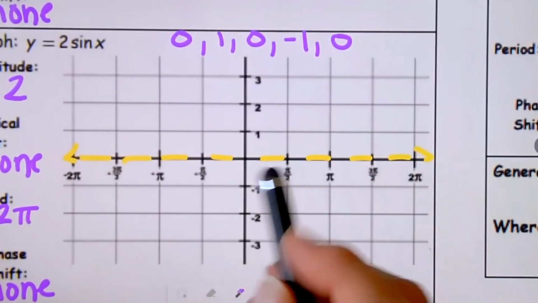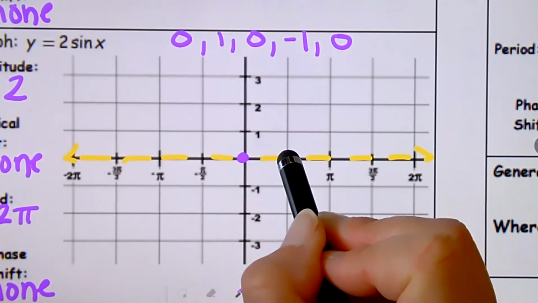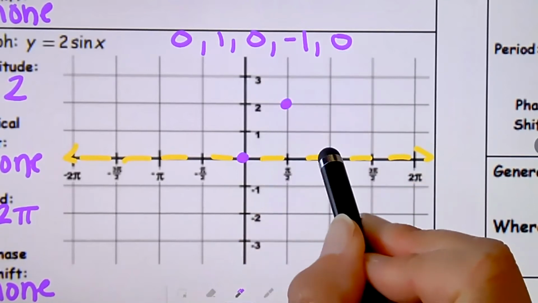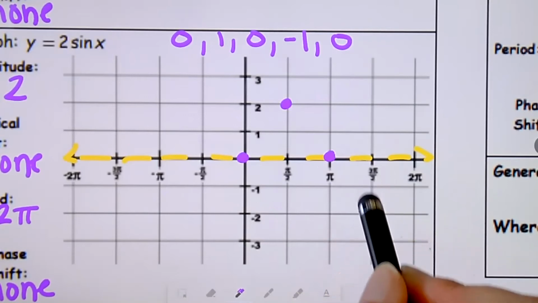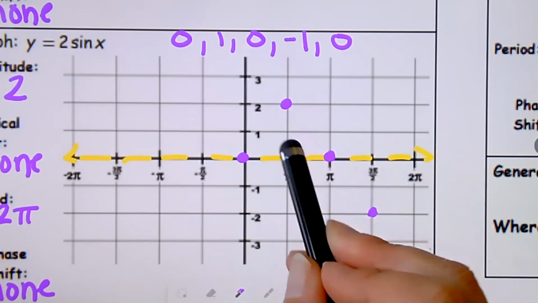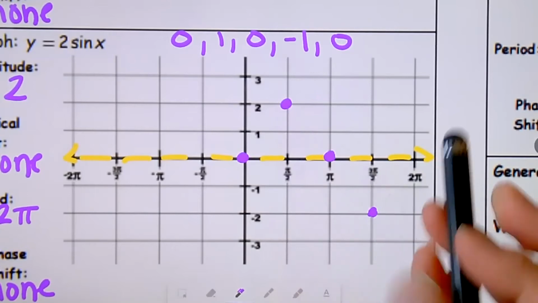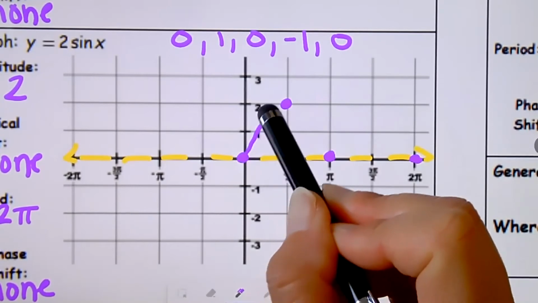Okay, so here at 0, I'm still at 0. At pi halves, I would have been at 1, but now I'm going to be up at 2. At pi, I'm back to 0. At 3 pi halves, I would have been at -1. Now I'm at -2. So again, I'm going 2 above, and here I'm going 2 below. That's because of that amplitude. And then I'm back at 0.